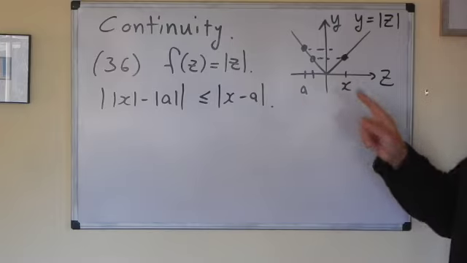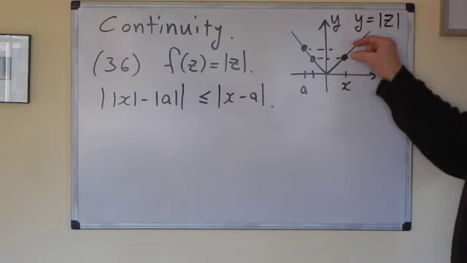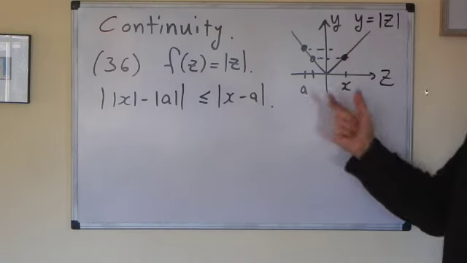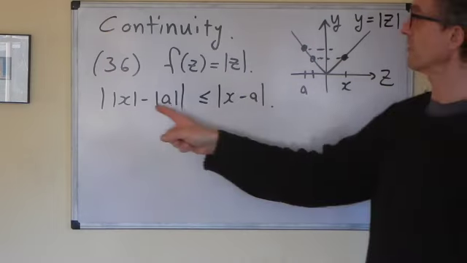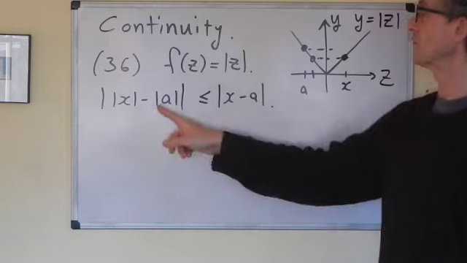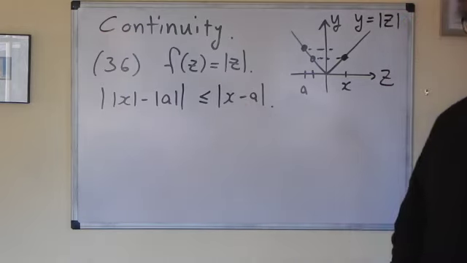And if they're on opposite sides, then the distance between the absolute values is actually less than the distance between those 2 points x and A. So one way or the other, the absolute value of x minus the absolute value of A is less than or equal to the absolute value of x minus A.